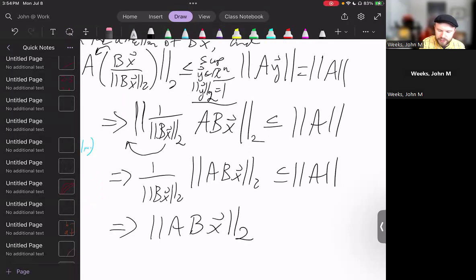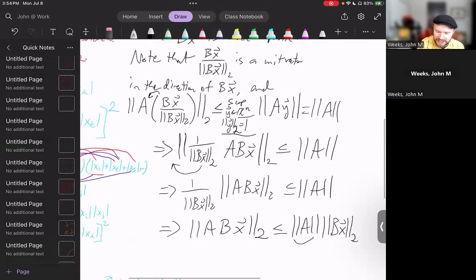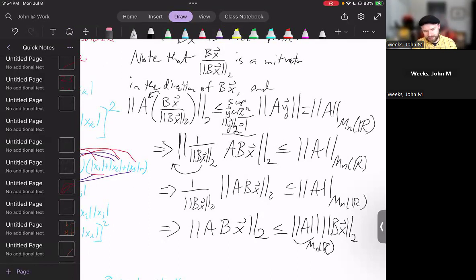What I'm left with is that the 2 norm of ABx is less than or equal to the norm of A times the 2 norm of Bx. So this here, just to be clear, is the operator norm that I'm using. This is the operator norm on M_n(R). I could keep doing that throughout each of these to distinguish it from my other norm, something like this. And this is where I've gotten so far.